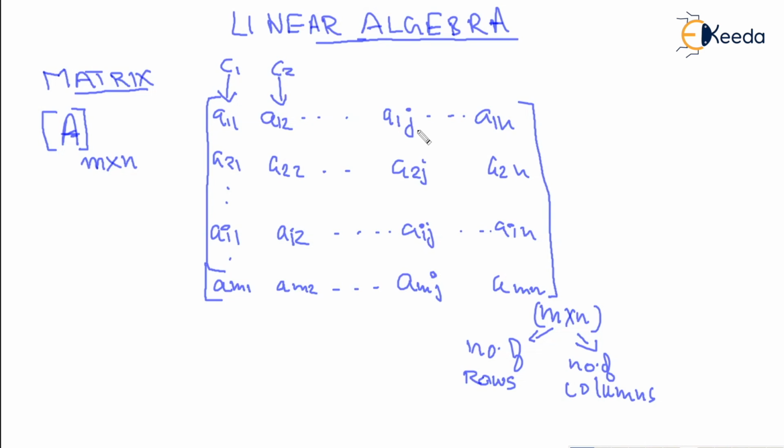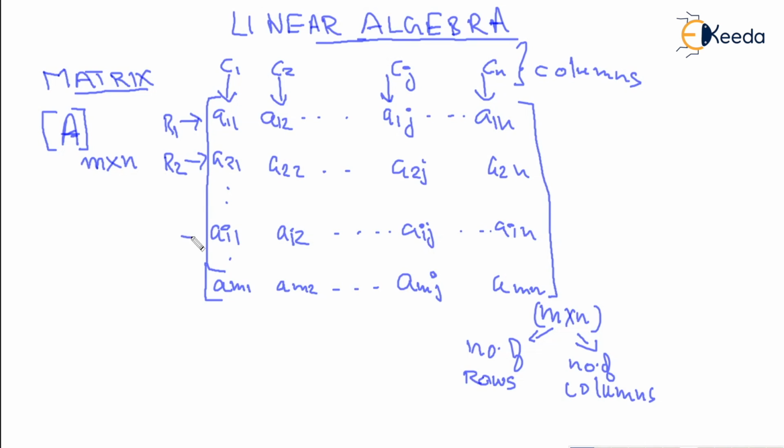This is the jth column, Cj, and so on, the last column Cn. Then these are the rows, let's say row 1, row 2, and so on.